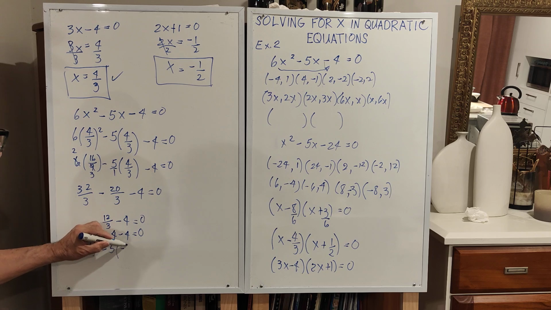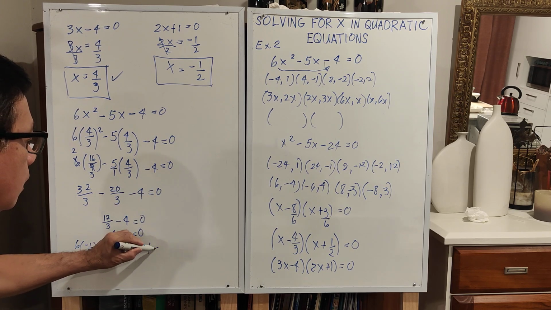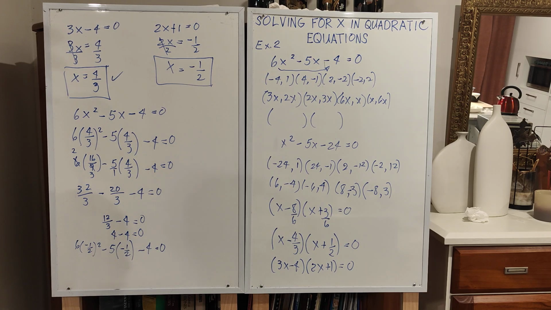So x will be replaced by negative 1/2 minus 4 is equal to 0. So this one, 6. So negative 1/2 times negative 1/2 becomes positive 1/4.